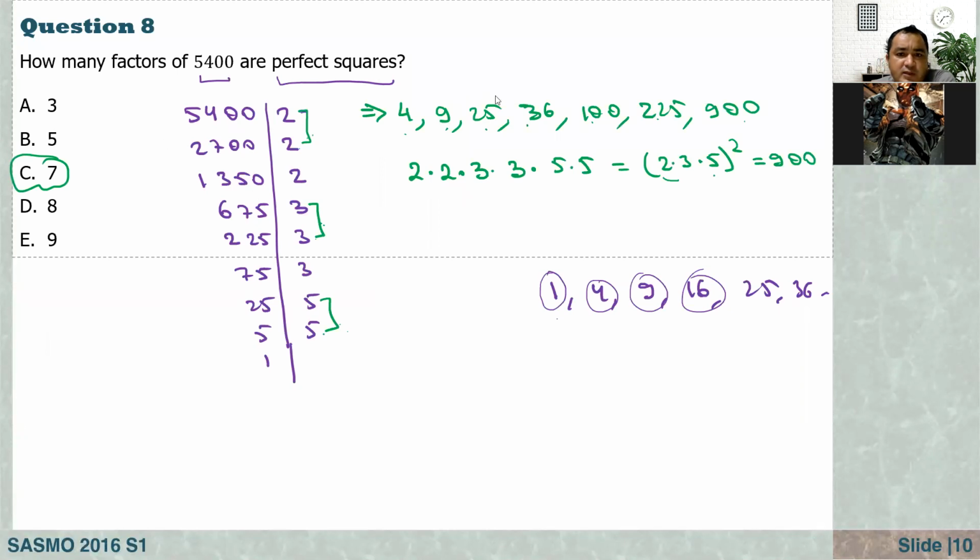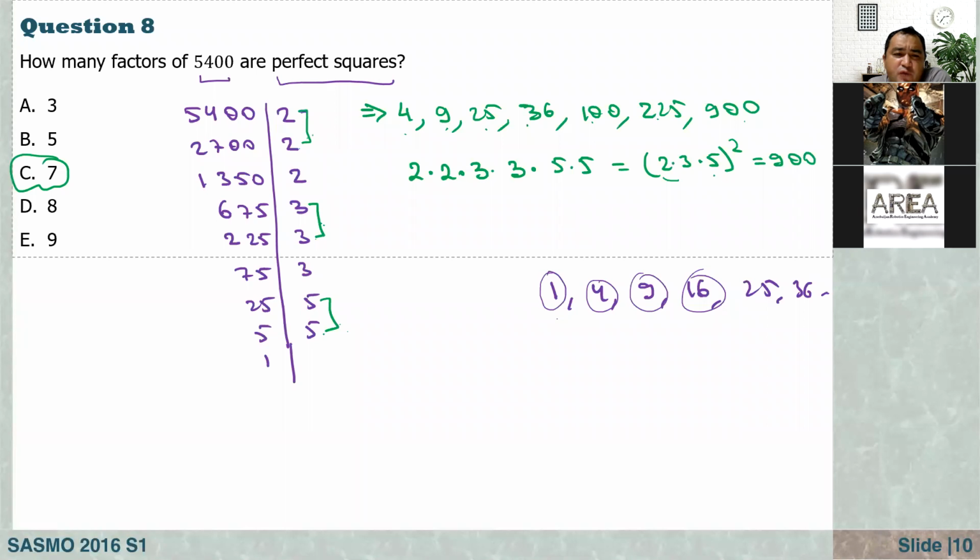It was about how many factors of 5,400 are perfect squares. Ilknur, do you remember this question? Yes. Actually, later I noticed that we made one small mistake. Can you see the mistake? What did we miss here?